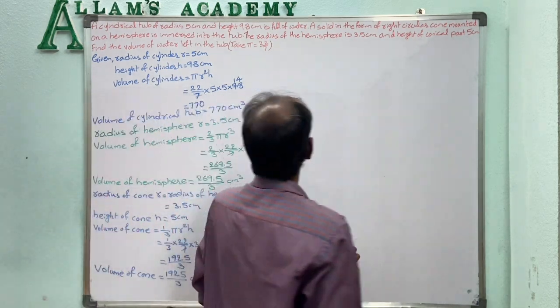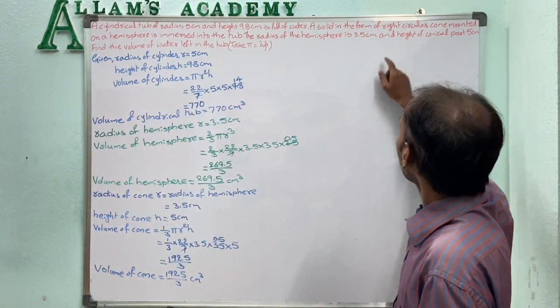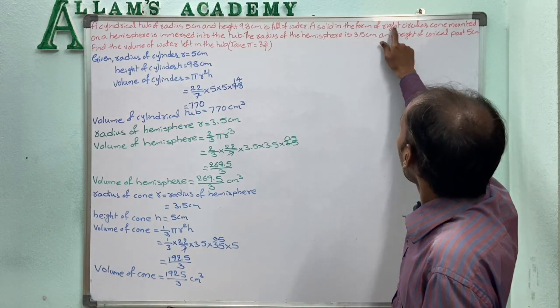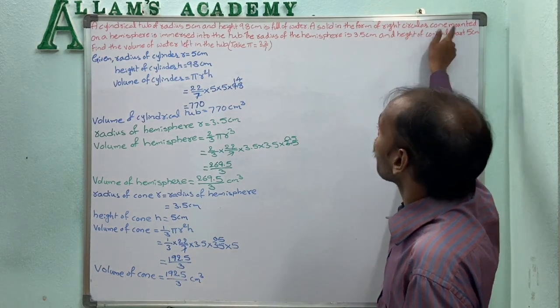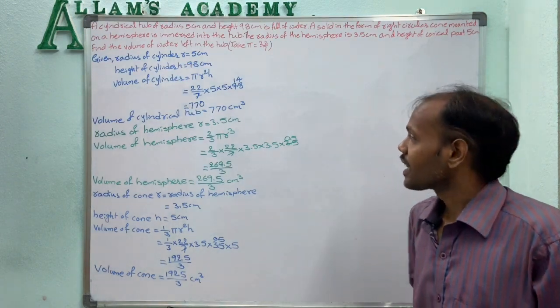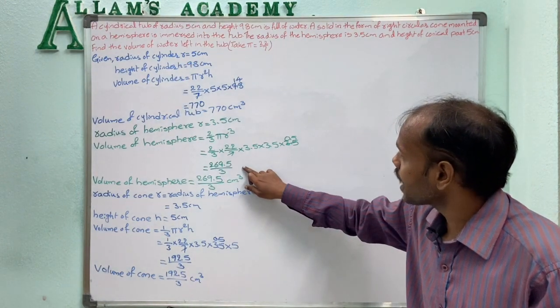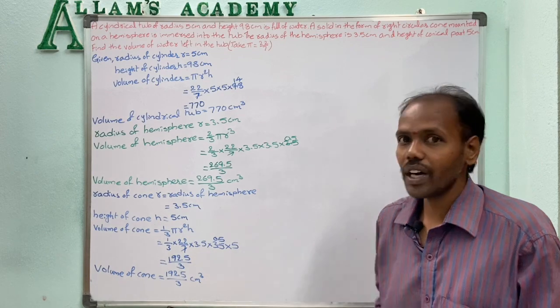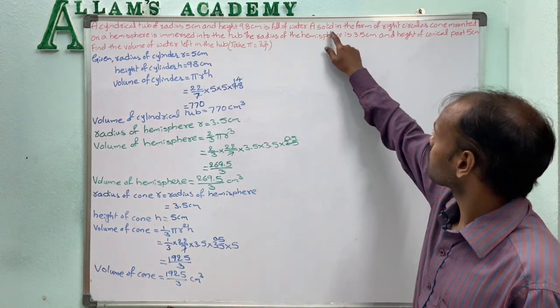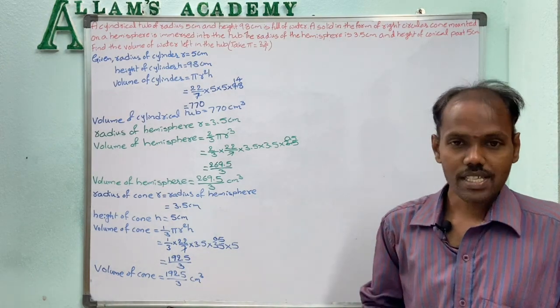Now here we are given a solid in the form of a right circular cone mounted on a hemisphere. That means the sum of the hemisphere and cone volumes is nothing but the volume of the solid.